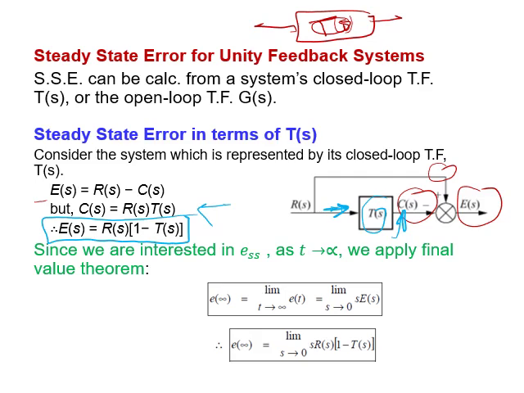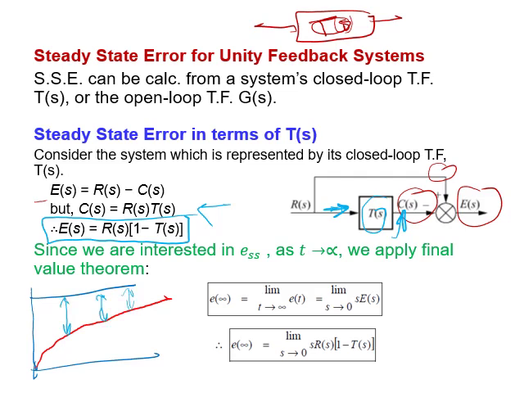This is the error at a certain point, but because we want to make sure of the error, we are going to evaluate it at infinity. What do I mean here? Let us say this is the response, this is the input, and the output is going to be this one. If you notice here, the distance between the input and output, I'm talking about this distance, keeps changing.